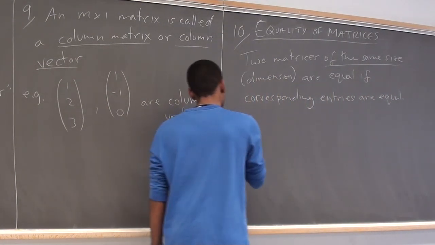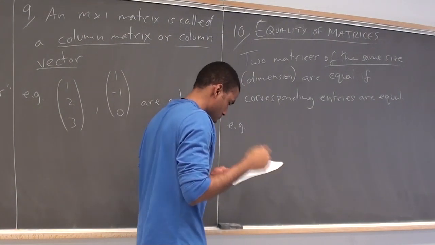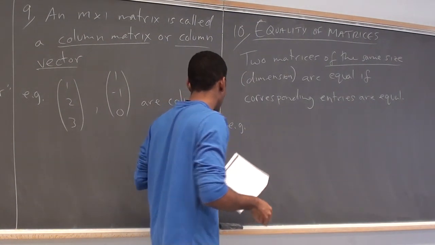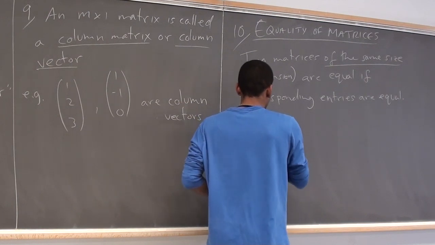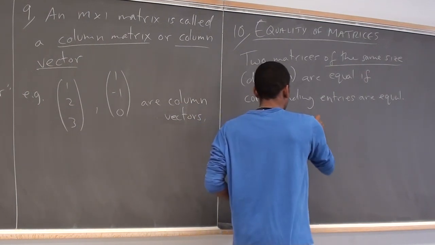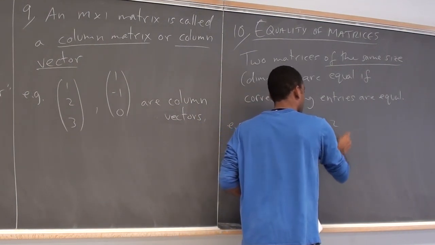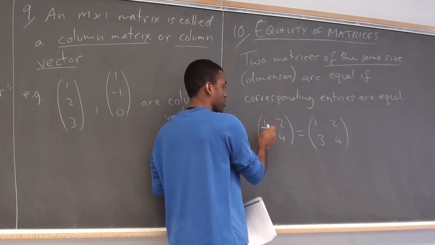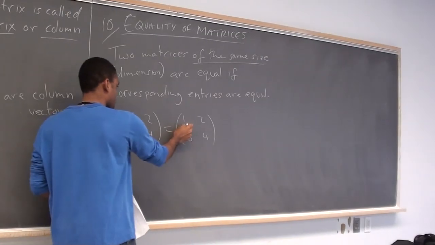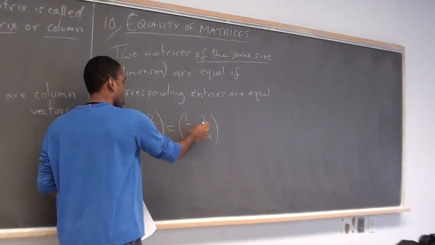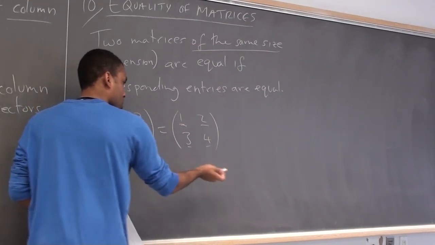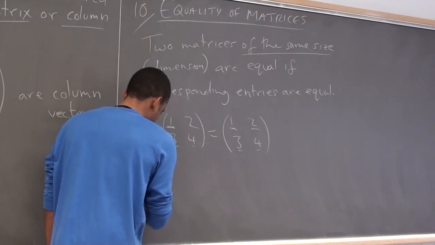So 1, 2, 3, 4 is equal to 1, 2, 3, 4, obviously, because the first thing in the first row here is 1, the first thing in the first row there is 1. All corresponding entries match up. You say it's equal.